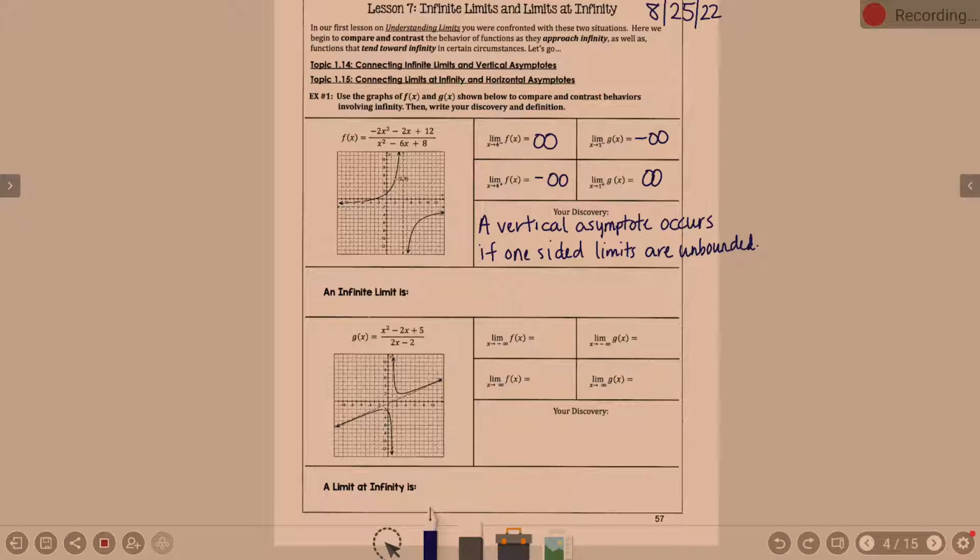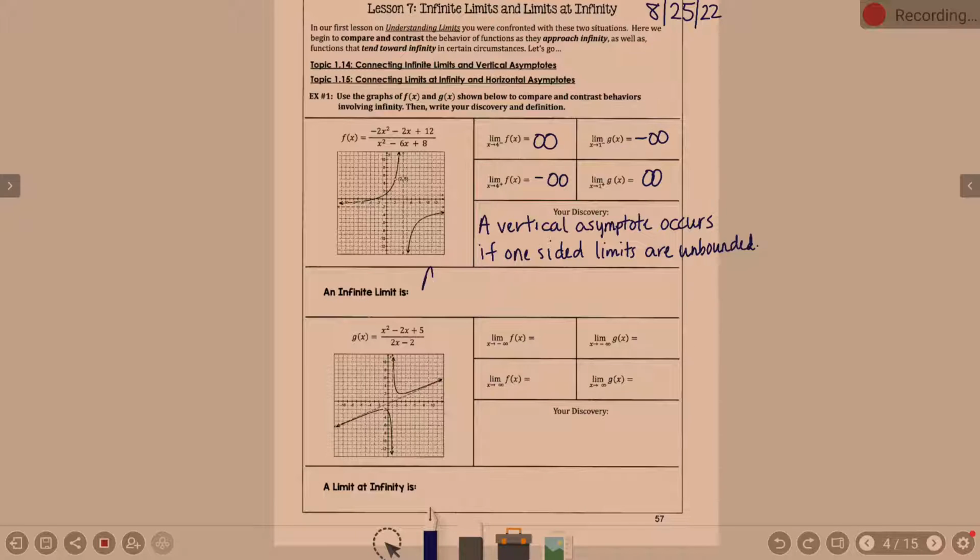And those are what we call infinite limits. So as x approaches some number value, we generally say c, the limit was either going to positive infinity or negative infinity, thus a vertical asymptote.